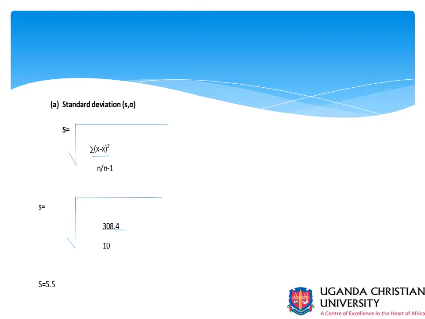On average, the variability from the mean is about 5. The greater the standard deviation, the greater the variability. The smaller the standard deviation, the smaller the variability of the observations from the mean.